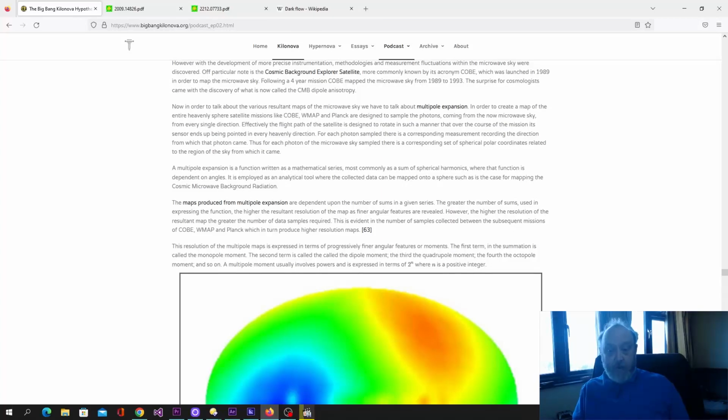The first term in the summation is called the monopole moment. The second term is called the dipole moment. The third, the quadrupole moment. The fourth, the octupole moment, and so on. A multipole moment usually involves powers and is expressed in terms of 2 to the n, where n is a positive integer.